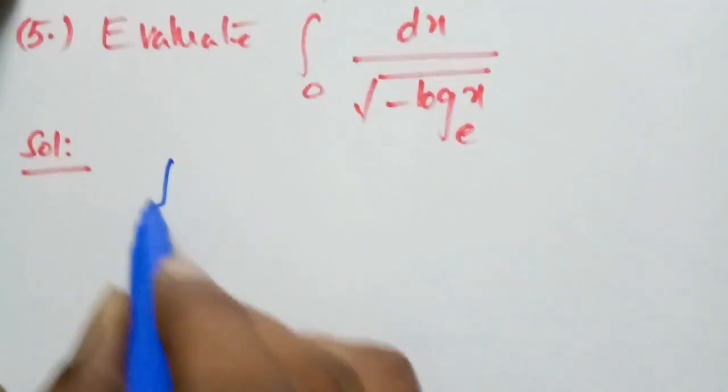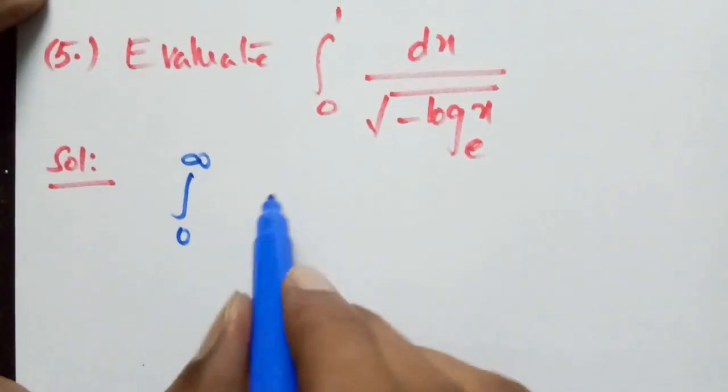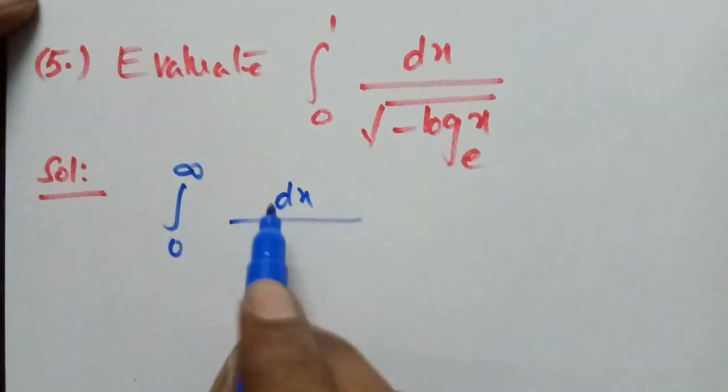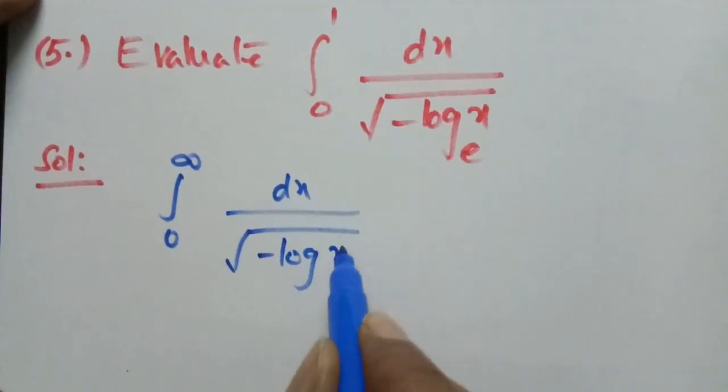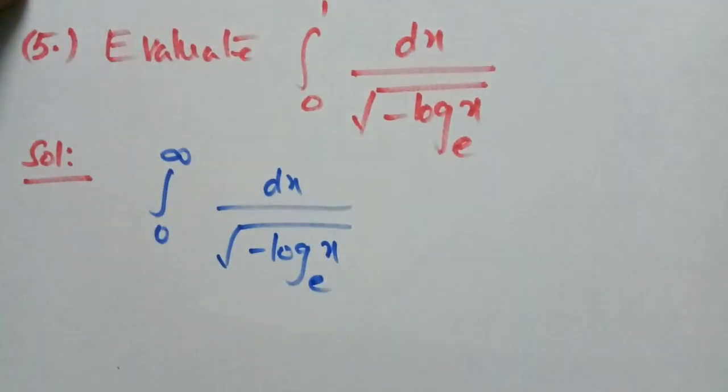Now the given integration is integral dx by square root of minus log x base e.